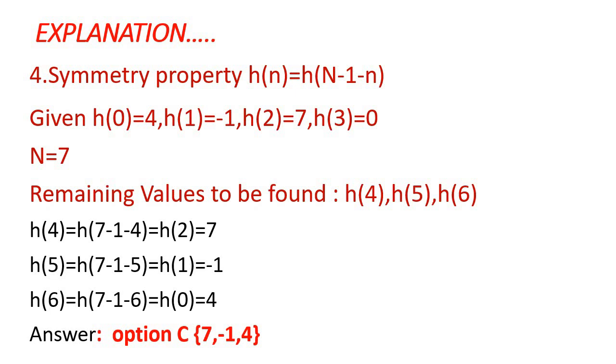Similarly, h of 5 and h of 1 values are similar, and h of 6 and h of 0 values are same because it is a symmetry filter, maintaining the symmetry condition h of n equal to h of N minus 1 minus n. So option C is the correct answer. If we know the first four values here, the remaining values can be easily obtained by using the symmetry condition.